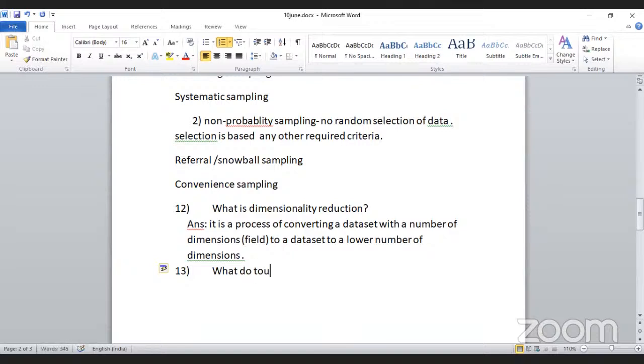What do you understand by a decision tree? Sorry guys for the disturbance, but what do you understand by decision tree?